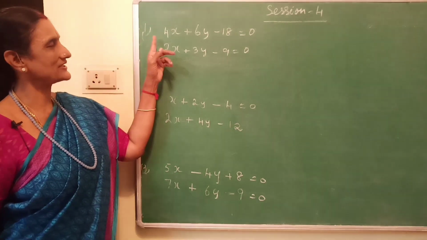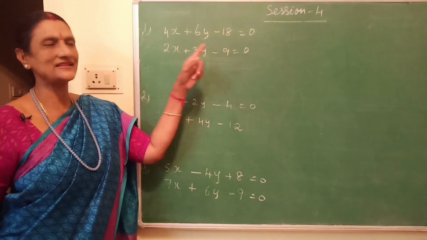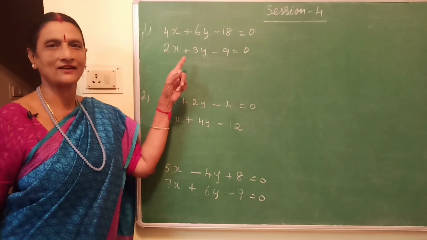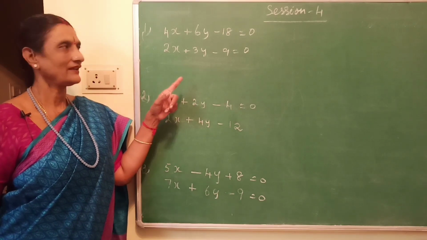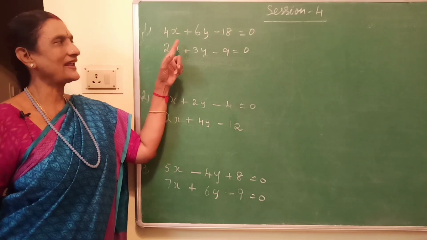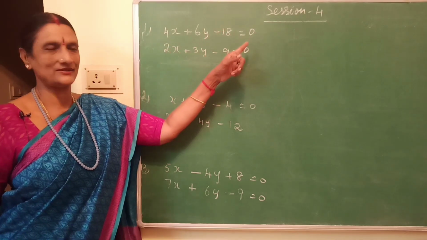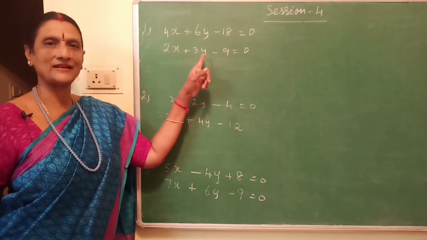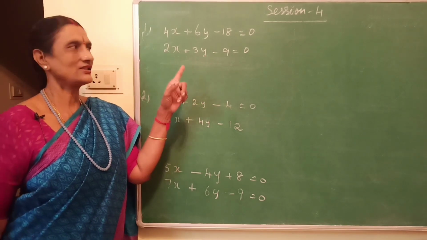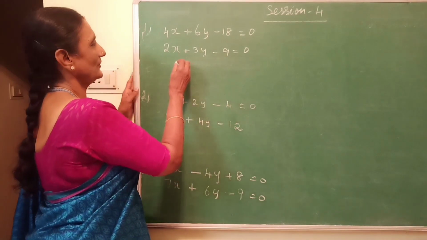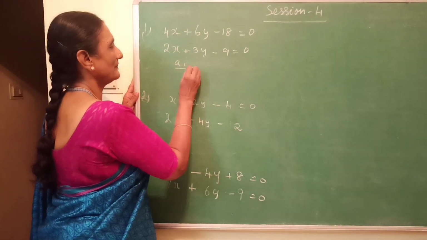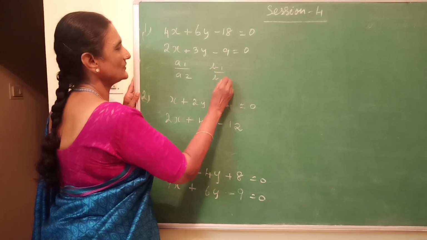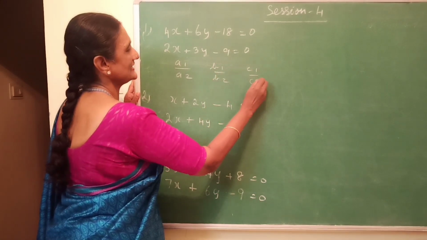First set of equations: 4x plus 6y minus 18 equal to 0 and 2x plus 3y minus 9 equal to 0. Now a1x plus b1y plus c1 equal to 0, and let it be a2x plus b2y plus c2 equal to 0. So now what about the ratio? A1 by A2, B1 by B2, C1 by C2.